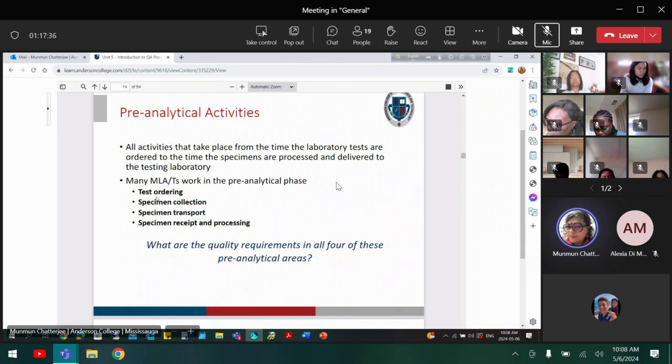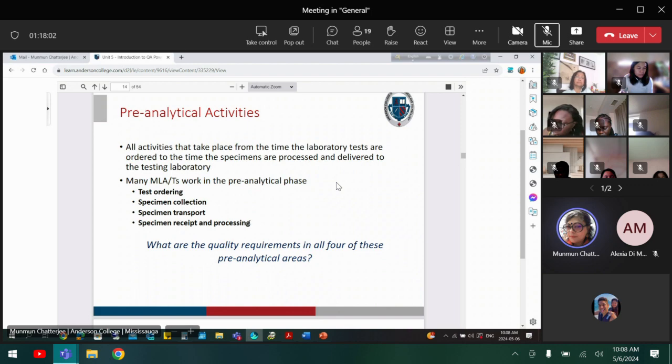So what are the things? Test ordering. Test ordering means you are not responsible for the test order. That is the physician or midwives. But you have to know what test has been ordered. What is the requisition? What are the criteria of the collection? Then the specimen collection, then the specimen transport, and specimen receipt and processing.